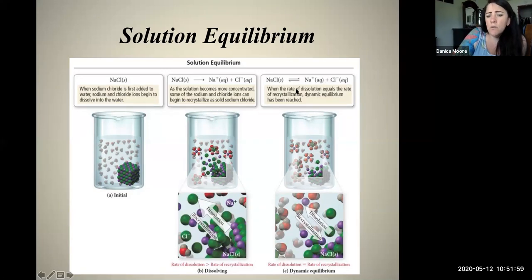So if you know that sodium chloride is very soluble, do you think that the equilibrium favors ions more or the solid more in this case? Ions, absolutely. Almost completely ions in this case, right? So we said that sodium chloride, because it's a strong electrolyte, almost completely breaks up into sodium and chloride ions. Does that make sense, guys?